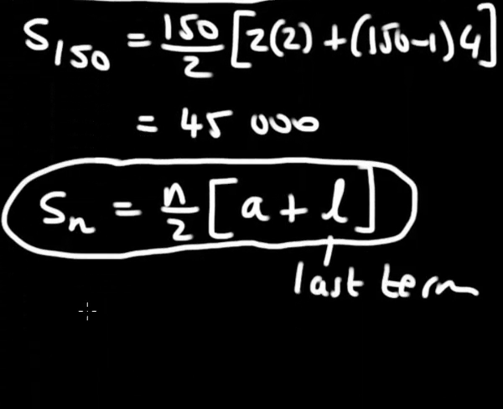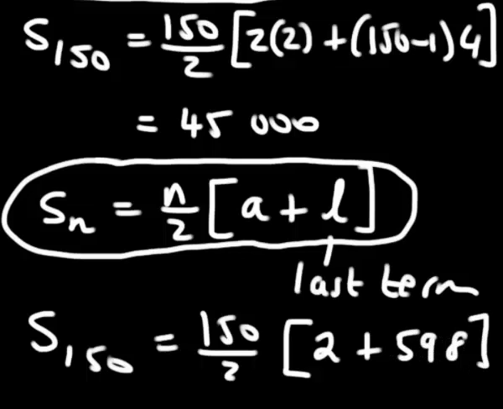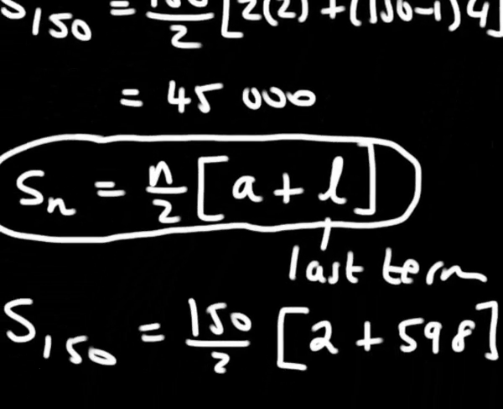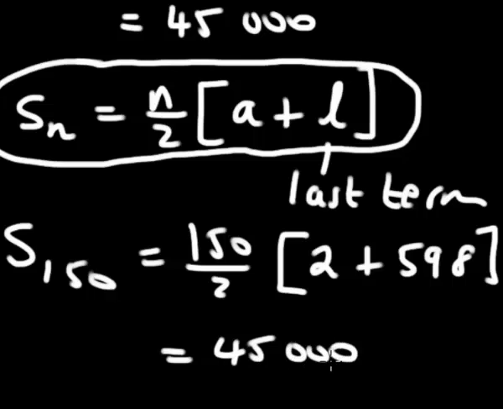So the sum of the first 150 terms is 150 over 2, the first term is 2, and the last term is 598. It works as well. You don't even worry about d here, and you get 45,000. That's if you're given the last term, which is pretty cool. So you could have used either of those formulas.